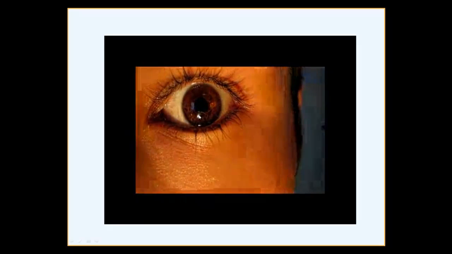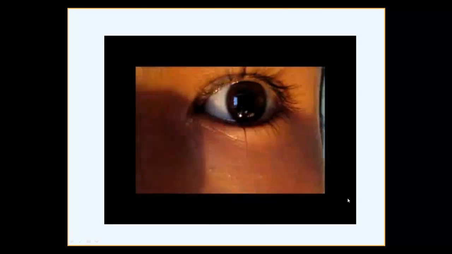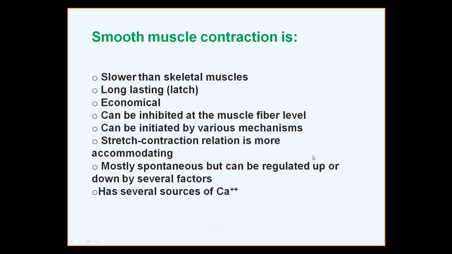But for now, I just want to show you also that there is a gradual degree of closure. The more you shine the light, it will get tighter and tighter. So it's not all or none like we see with the single unit smooth muscle.